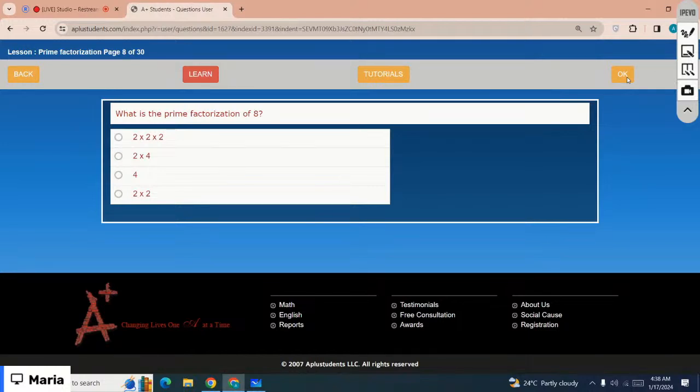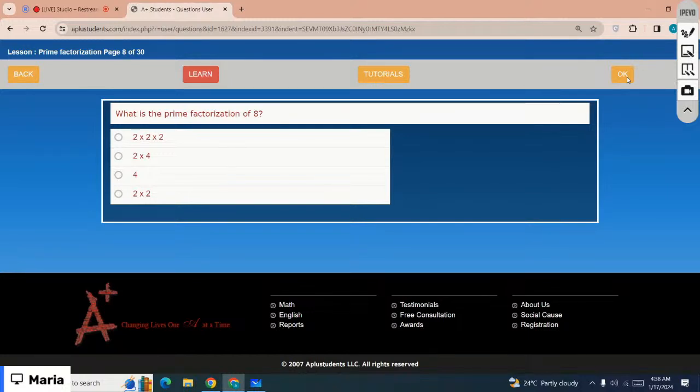What is the prime factorization of 8? The correct option is 2 times 2 times 2, right?